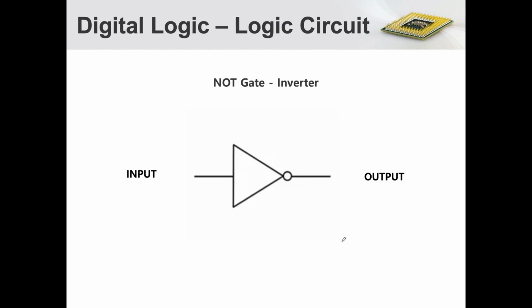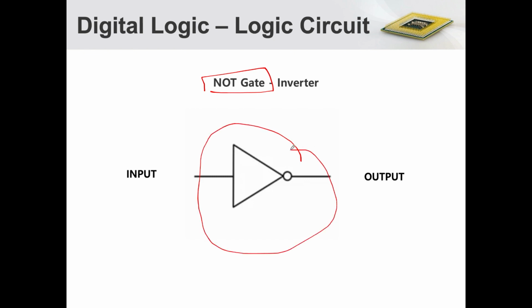So here the first basic logic gate that you need to know is the NOT gate. You can see this is the symbol of the NOT gate. NOT is the same as don't, like that. It is a negative verb. So you have the input and also the output over here.